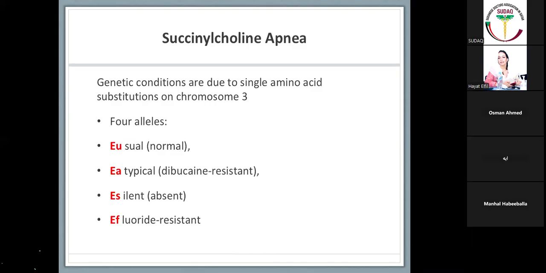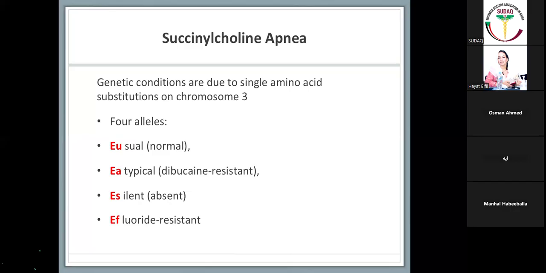96% of the population are homozygous for the normal gene, which is EU. The remaining 4%: those with the normal gene metabolize succinylcholine rapidly, and up to 4% might be heterozygous, a different combination of the gene, and this will result in a mildly prolonged succinylcholine apnea.